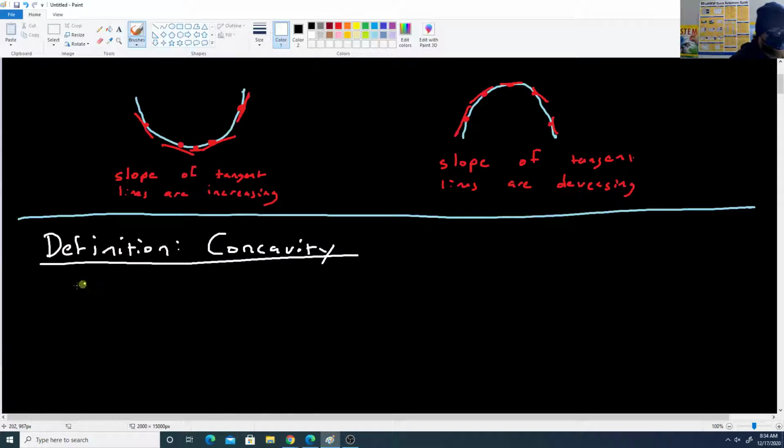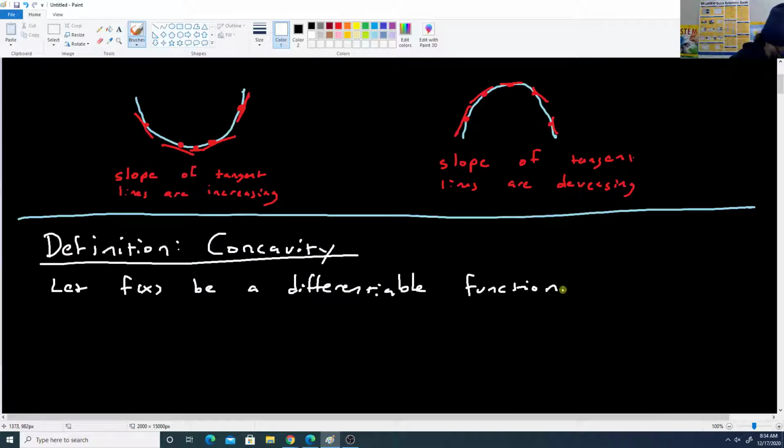So we're going to let f of x be a differentiable function on an open interval a to b. Then the following things happen.